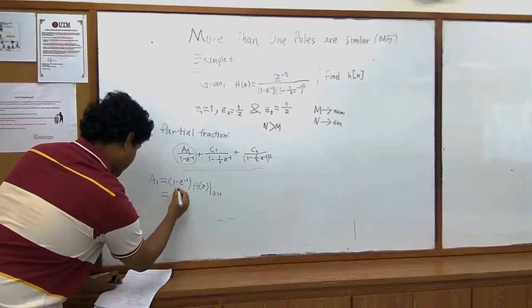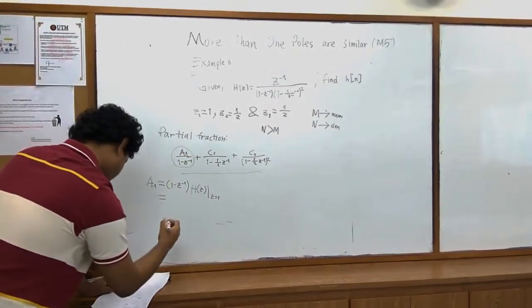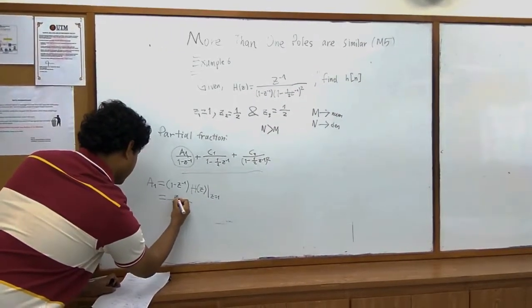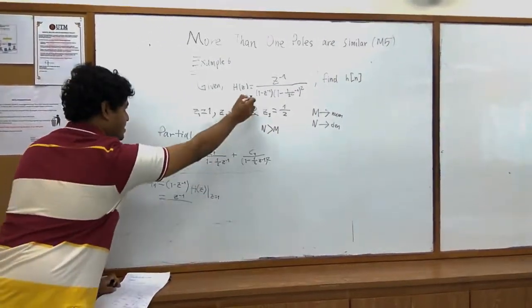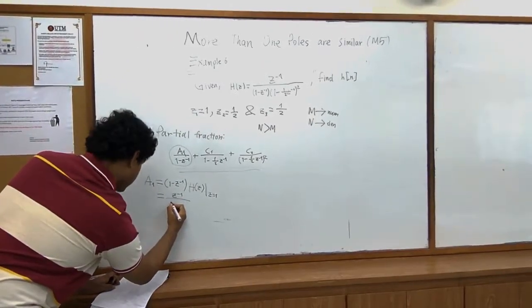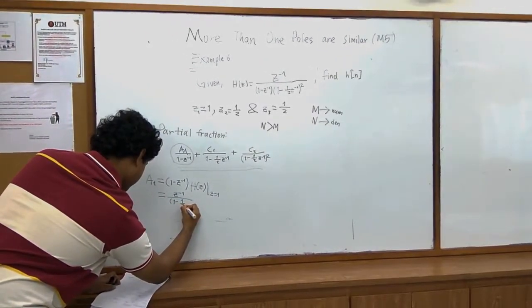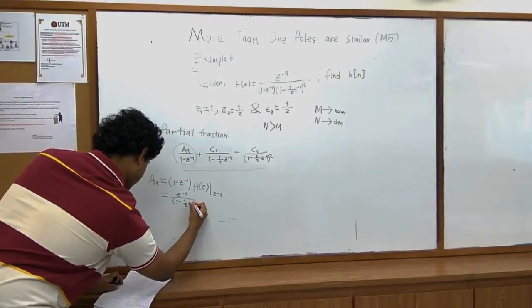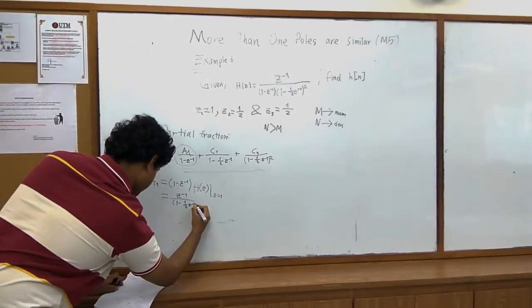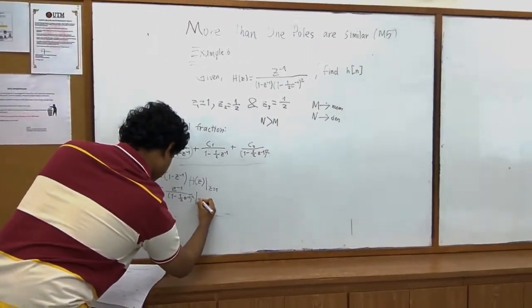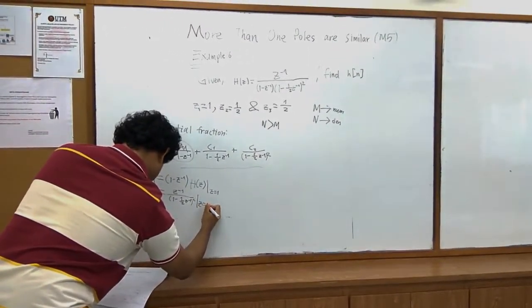After you multiply H(z) with this, you only have z to the power of minus 1 in the numerator, and the factor is cancelled out. The denominator is 1 minus 1 over 2 z to the power of minus 1, squared, with z equal to 1.